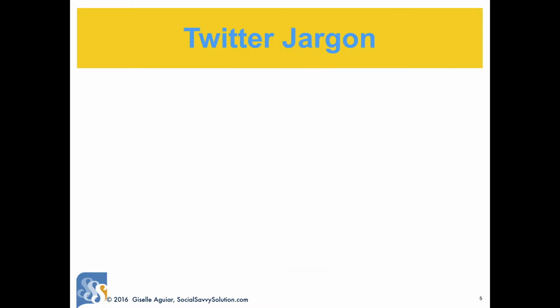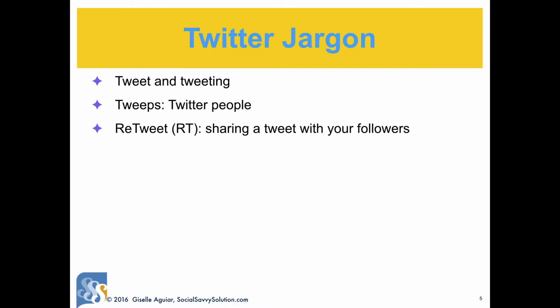This is some basic Twitter jargon. For a full glossary, check out the one included in the startup package. It is a tweet and you are tweeting. Tweeps are Twitter people. A retweet, or RT, is sharing a tweet with your followers. A direct message, or DM, is a private message between two Twitter users.